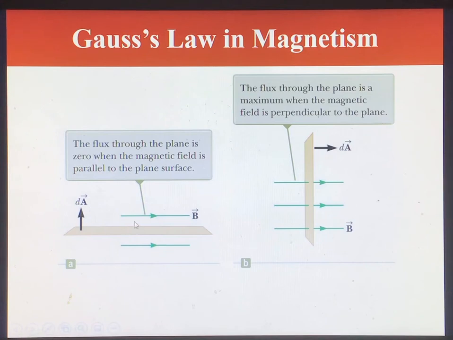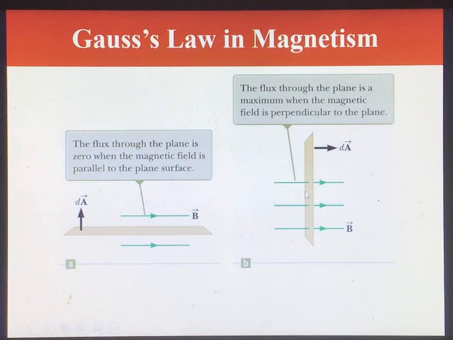If I have a magnetic field pointing in the x direction here, then the magnetic field makes 90 degrees with respect to the area vector. So in this example, when you calculate the flux, it's going to give you 0, because the magnetic field is perpendicular to the direction of the area vector.